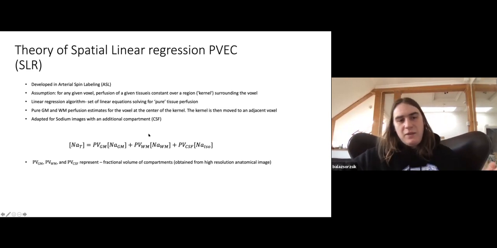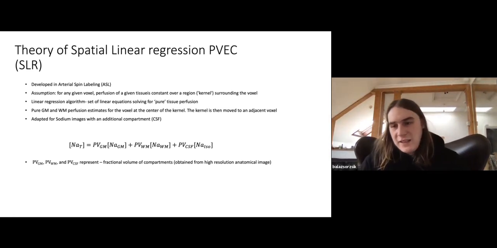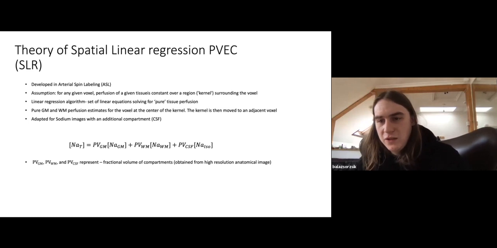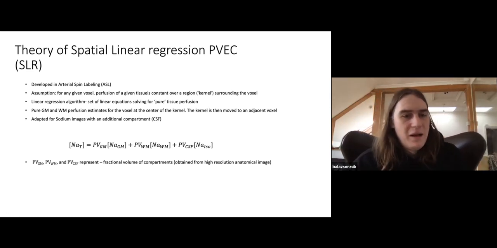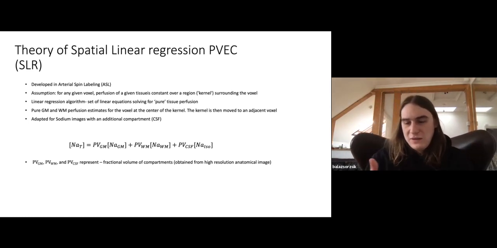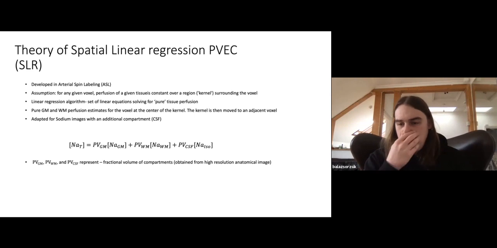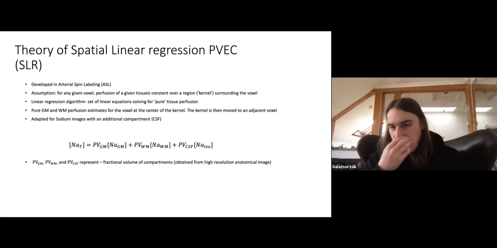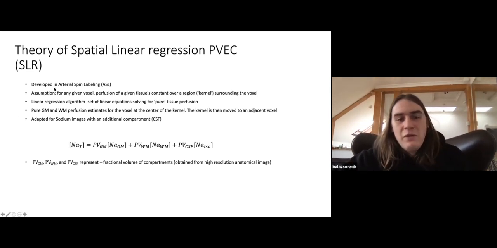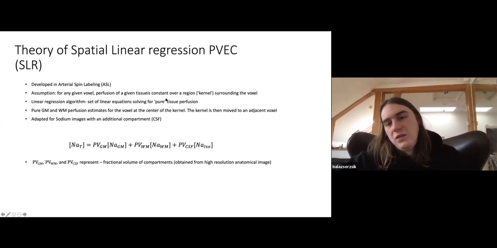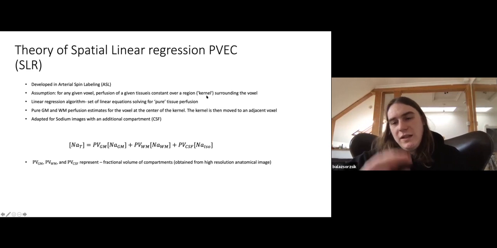Iris has developed a way to dissect out the pure information from a tissue by assuming that for any given voxel, this was developed for ASL. So here we are talking about perfusion rather than concentrations. But for any given voxel, the perfusion of a given tissue is constant over a region surrounding that voxel.